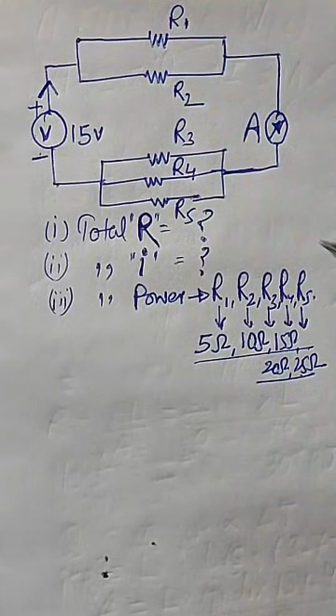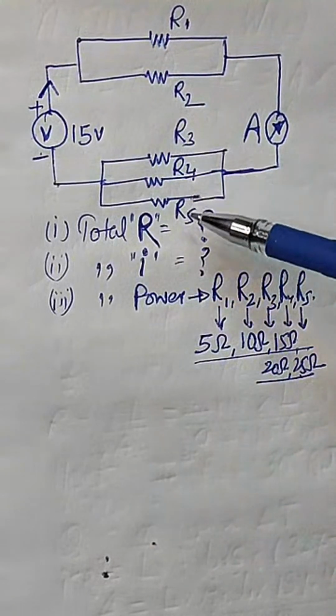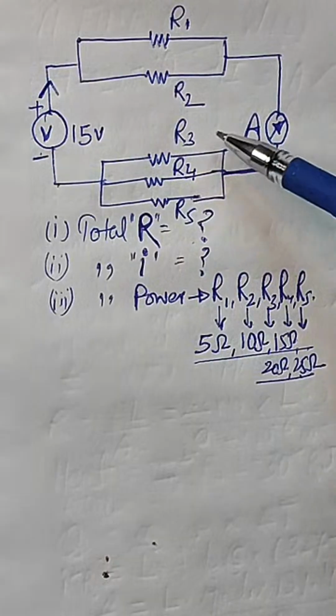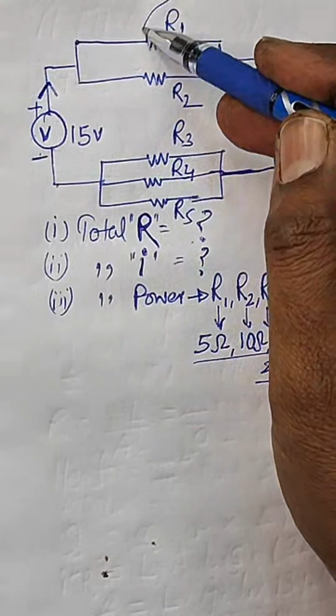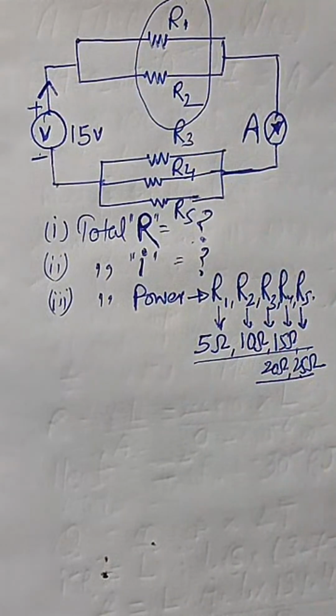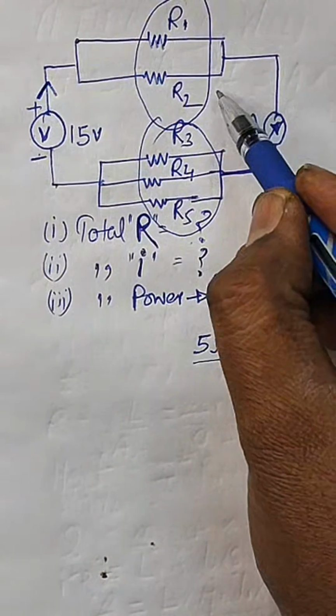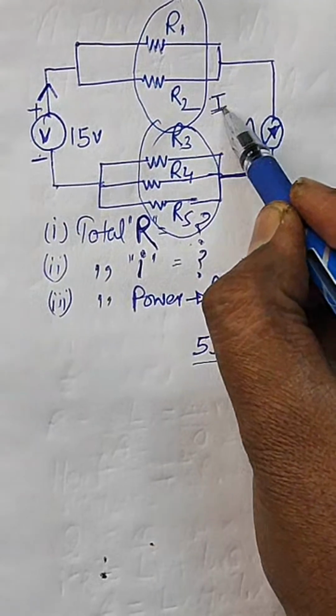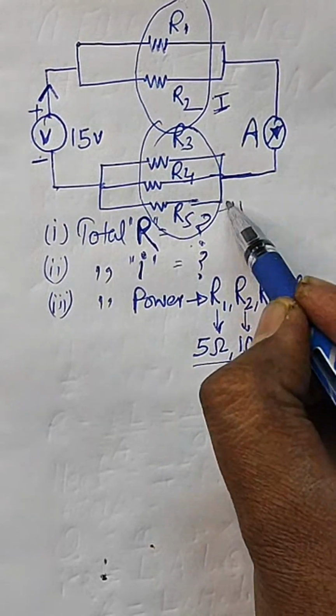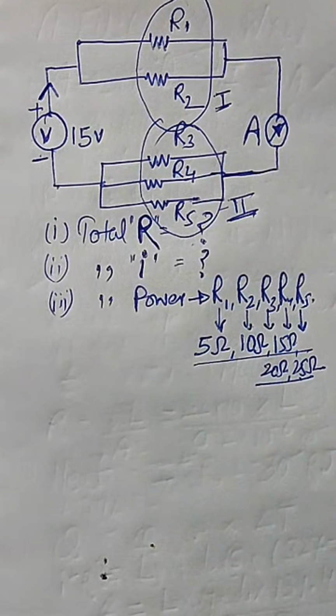And then calculate the equivalent resistance of R3, R4 and R5. Then the combination of these two in series, first this part and thereafter this part. Okay. So this is part 1 and this is part 2.